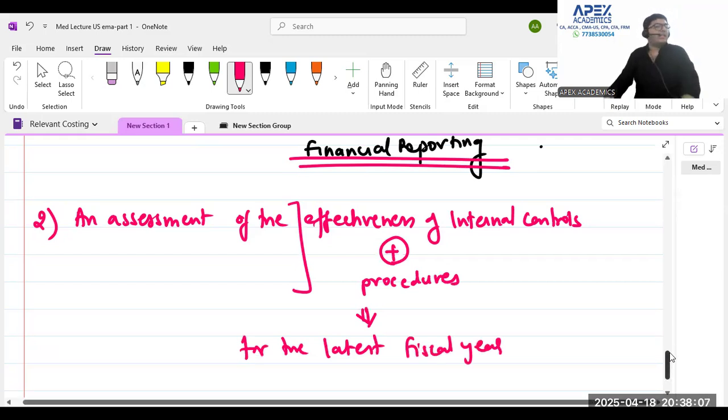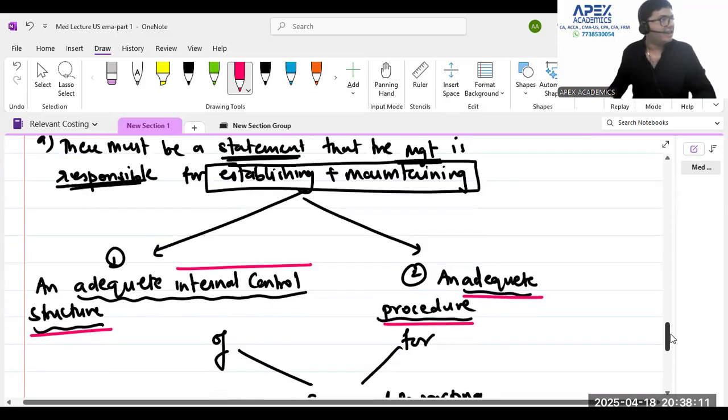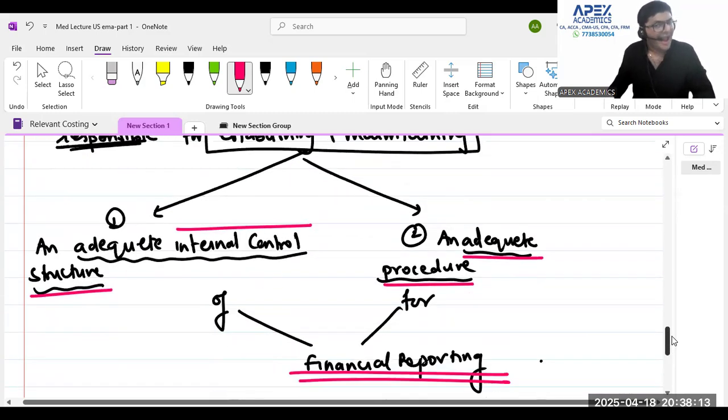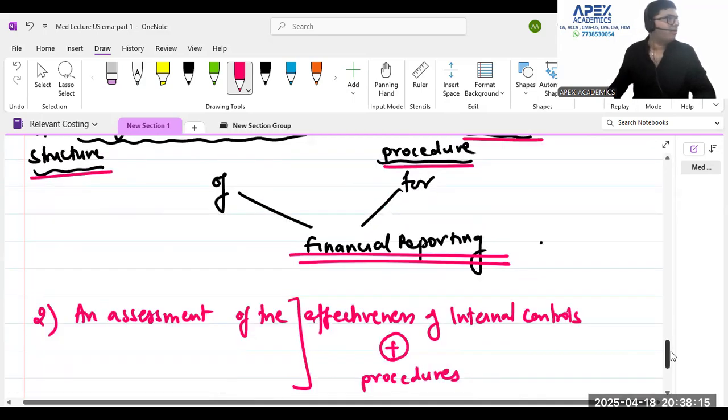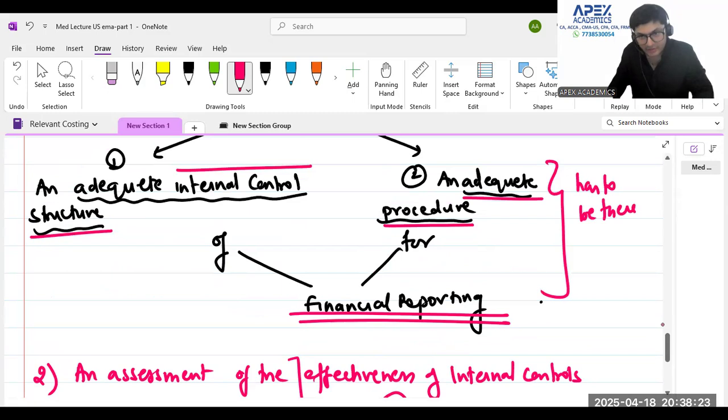Please try to understand the meaning of this. First of all, the management has to establish and maintain an internal control structure and an adequate procedure for financial reporting. And this has to be there in the current year.